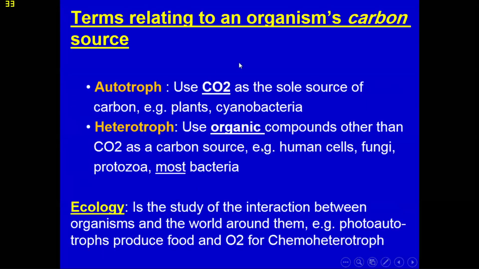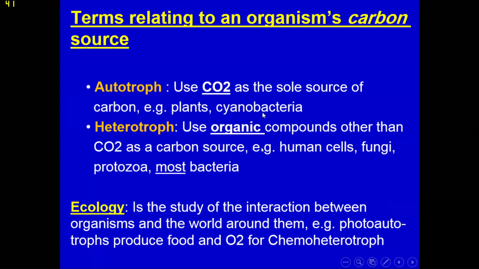Now, regarding the carbon source, from where the microbe gets the carbon: if we say autotroph, it means they use CO2 as the source of carbon. Example, plants. You know plants take carbon dioxide.